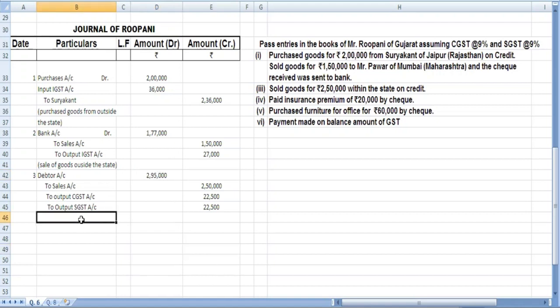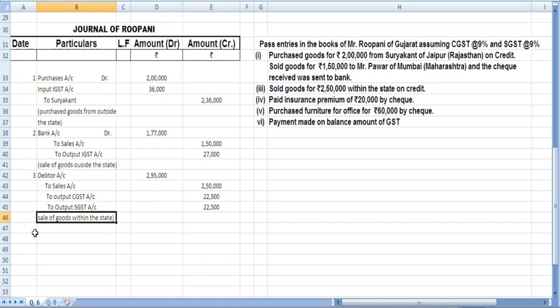So here we will write down the narration: sale of goods within the state. Okay, so here it came CGST and SGST because this sale was within the state. IGST, integrated GST, will come when it is interstate, between the state.